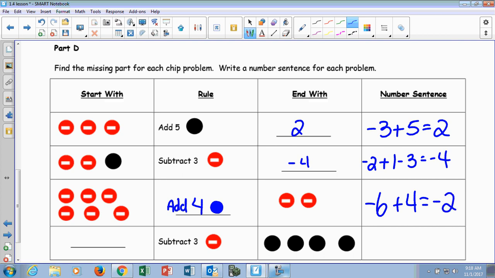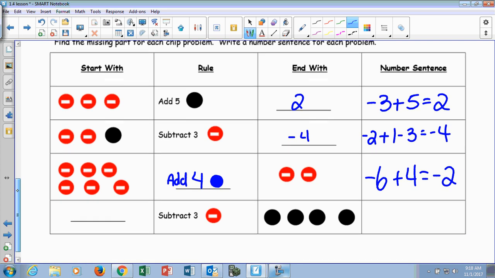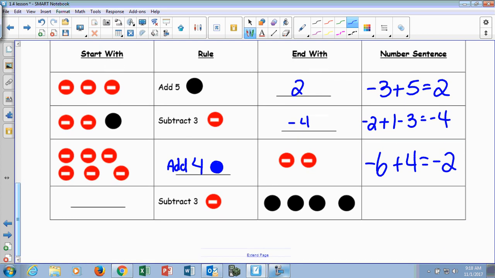All right, and how about the last one? So the last one, we got to figure out what we started with. We subtracted 3 reds and got 4 black. If you had 7 blacks, you can what? Yeah, 7 black chips, right?